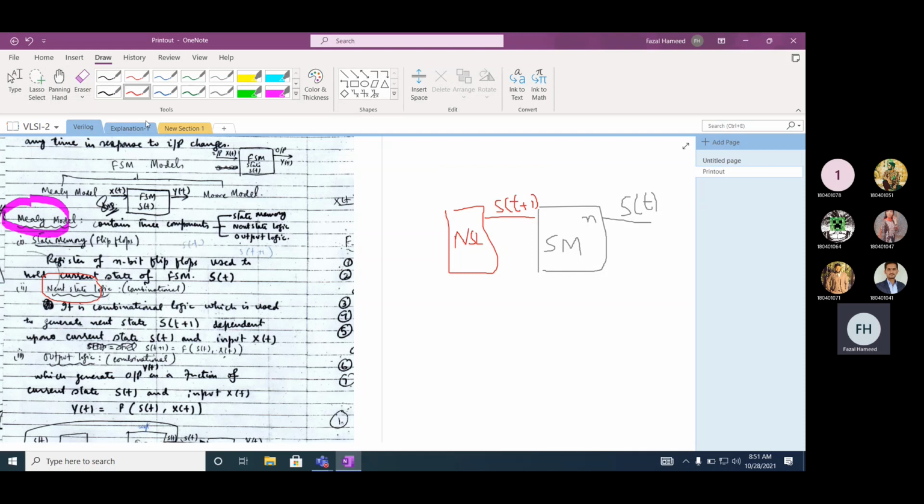So it is a function of the current state. This current state will be fed back to the next state logic. And there is also some input XT. I will explain this with an example later on.